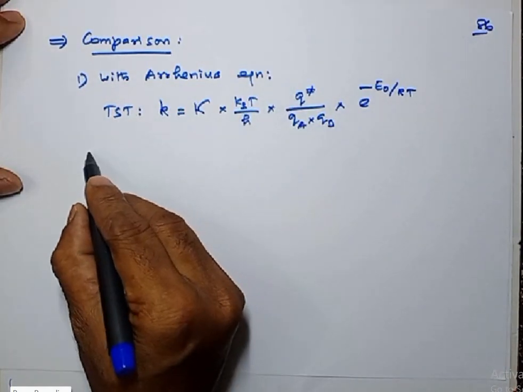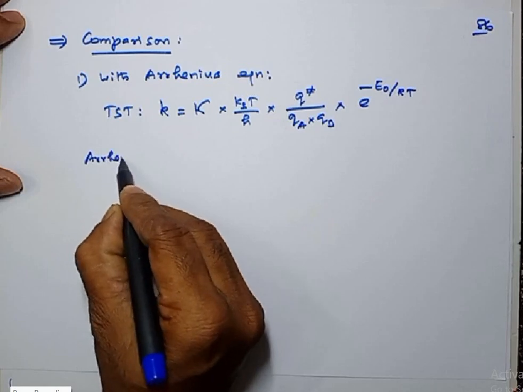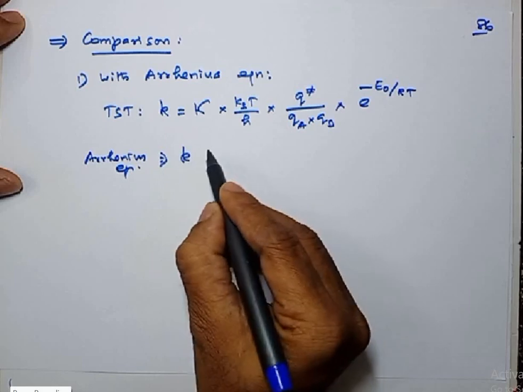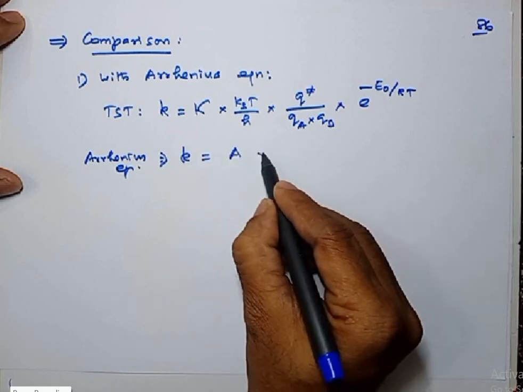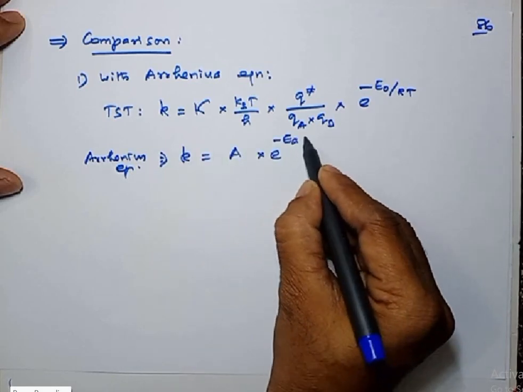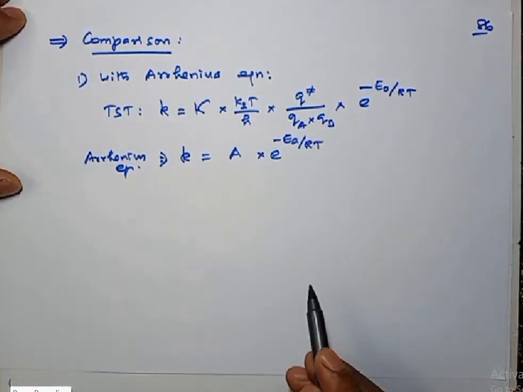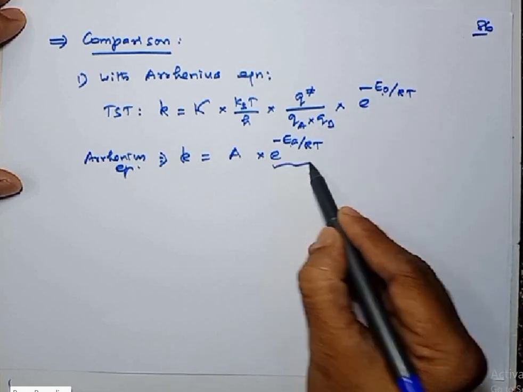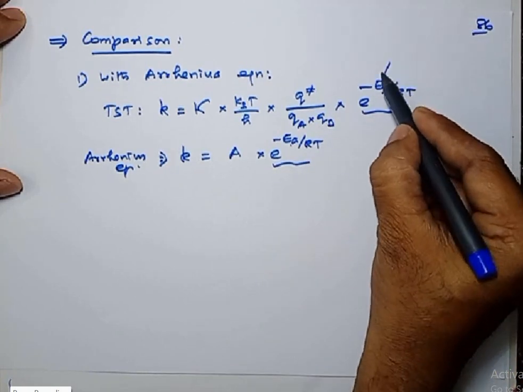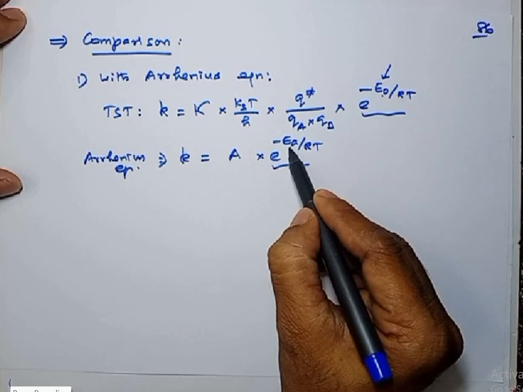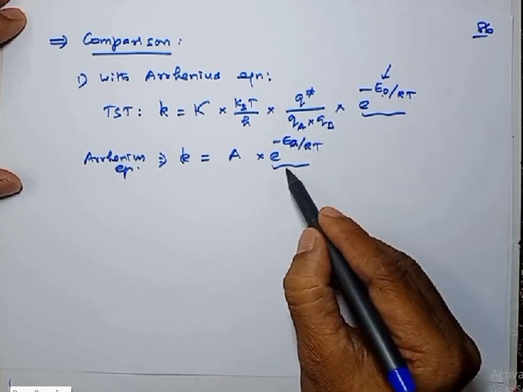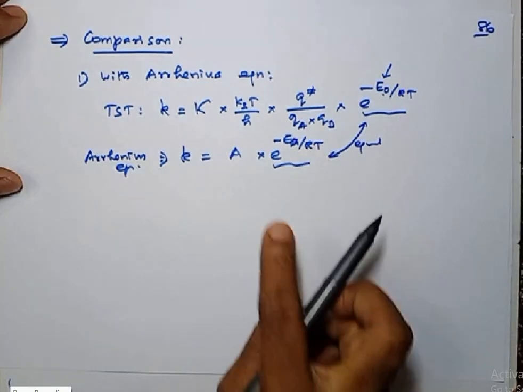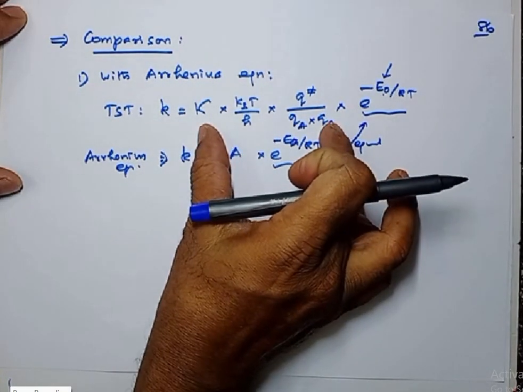Then from the Arrhenius equation, we can write rate constant equal to the pre-exponential factor A into e power minus Ea by RT. Let us assume this Ea and this E naught are the same. Actually this E naught comes from quantum mechanics, and this is the experimental Ea. Let us assume that these two are equal. If these two are equal, then the pre-exponential factor should be equal to this quantity.